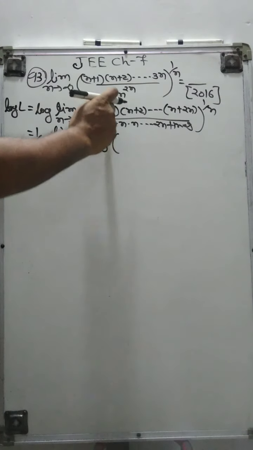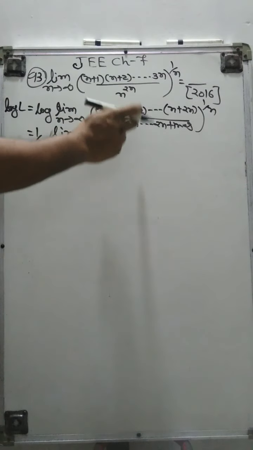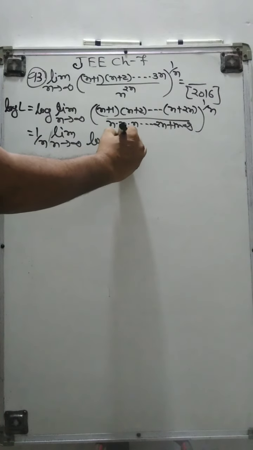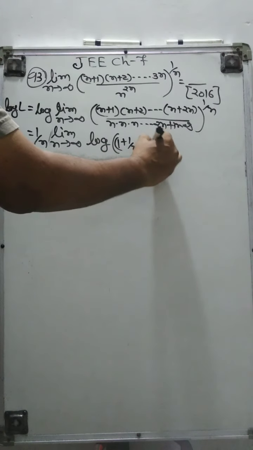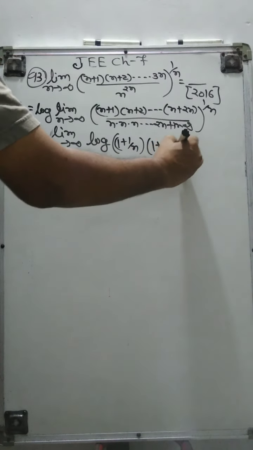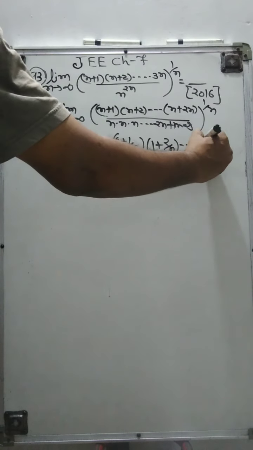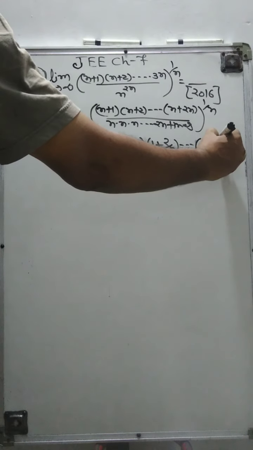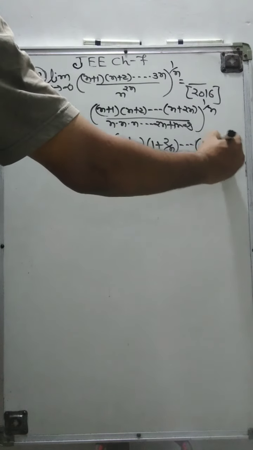Now here we separate this all n by dividing with all the terms, then we get 1 plus 1 upon n, 1 plus 2 by n, and up to 1 plus 2n by 2n, means 1 plus 1.